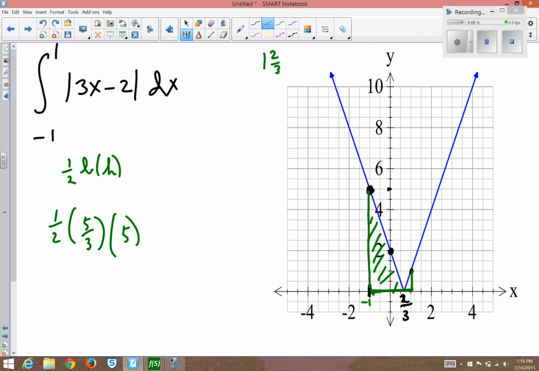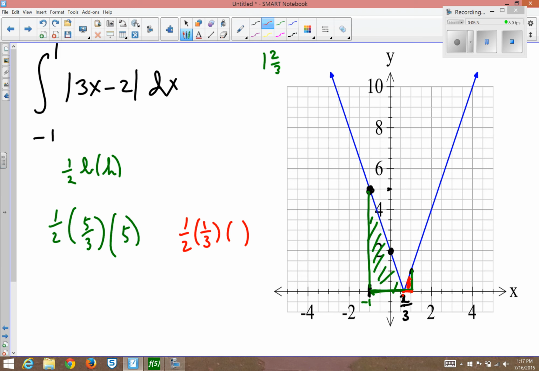I'll make the triangle next to it red. This little tiny triangle here. The area of that triangle is 1/2 the base times the height. The base is however far it is from the number 2/3 to the number 1. The distance between 2/3 and 1, or 2/3 and 3/3, is 1/3. 1/3 is the base of this little triangle.